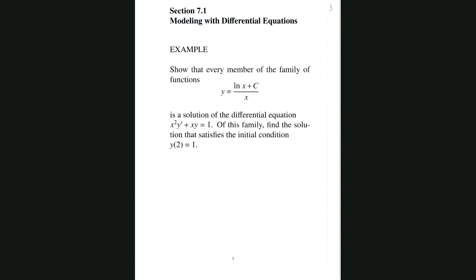This general family of solutions is a solution to the differential equation, but we want to show it. And then of this family, we want to find the member that satisfies what's called an initial condition.